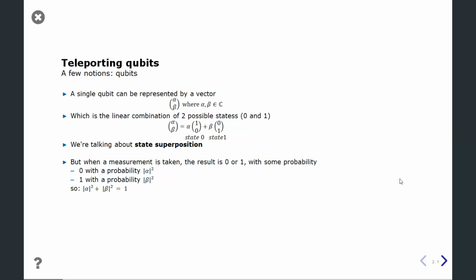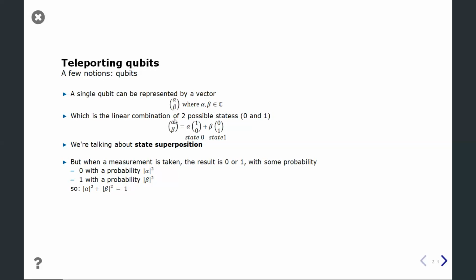But remember, it's quantum mechanics. When I do the measurement of my qubits, I'm losing this superposition state, and my wave function is collapsing, and I just measure either state 0 or state 1 with a probability that is linked to my parameter alpha or beta.